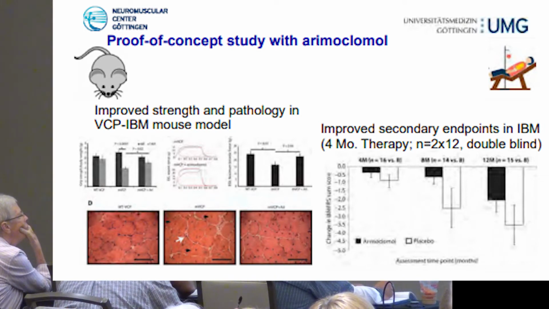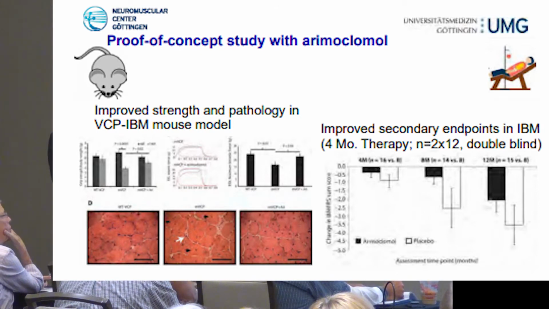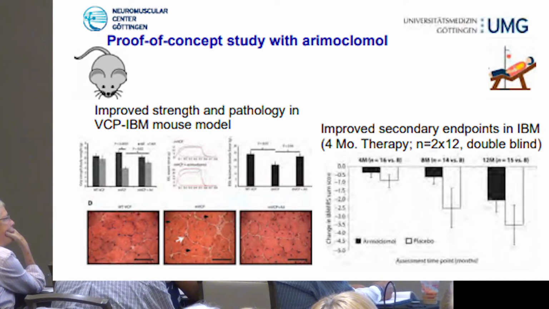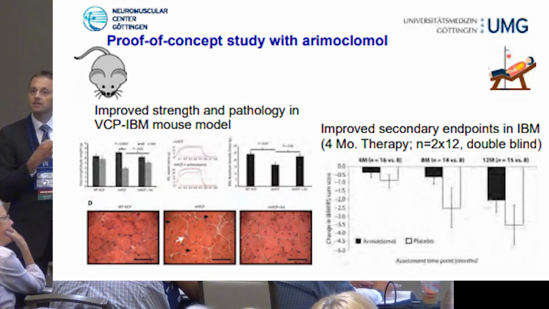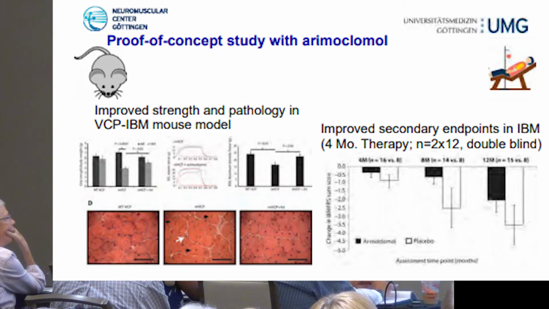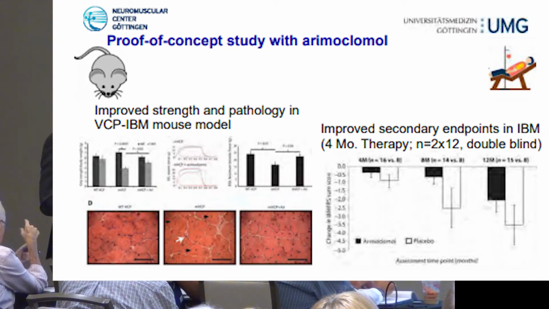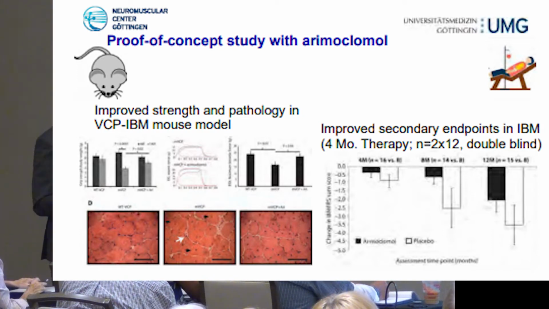And then there was a double-blind clinical study in the same publication, so there were cells, mice and humans in the same study, and this was double-blind with two groups of 12 people, and this was positive. These data were sufficient to convince the payers, the funding agencies, and the FDA that a big trial can now go on.